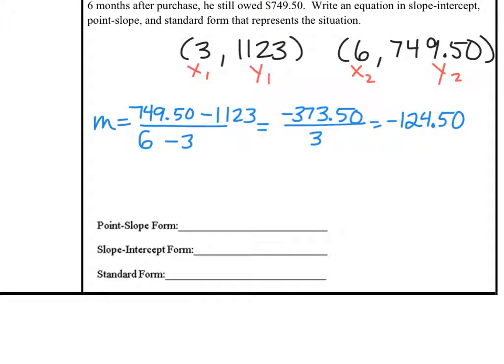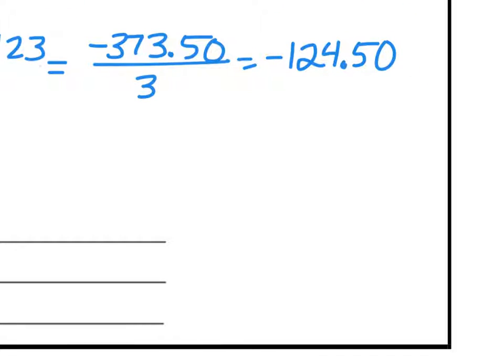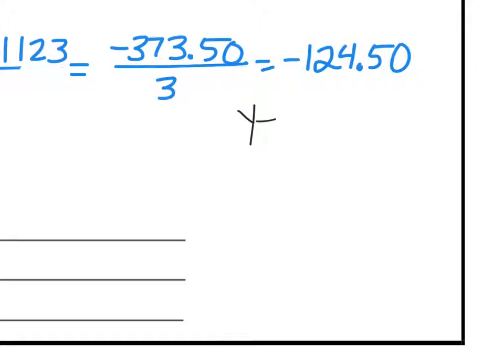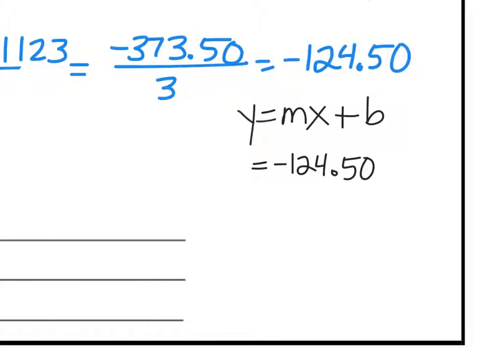So to find B, remember we're going to write down this form. So I'll do it over here. y equals mx plus b. Plug in what you know. I know that the slope is negative 124.50 per month. And then for x and y, remember you put in one of those points. So I'm going to choose the one that doesn't have a decimal. So x is 3 and y is 1,123 equals negative 124.50 times 3 plus b.